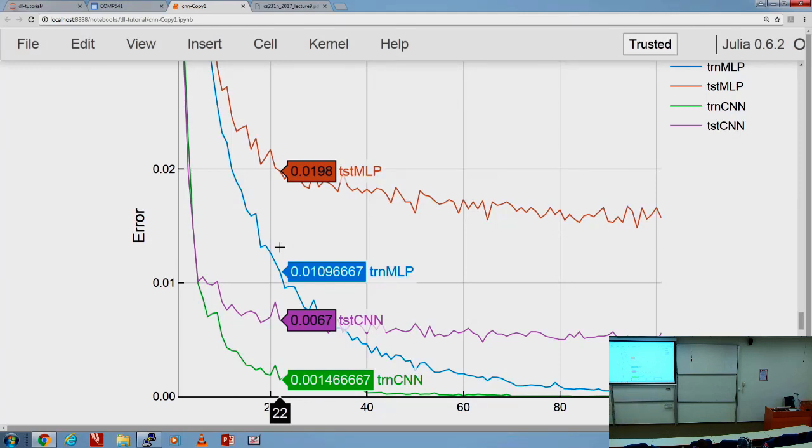We saw the back propagation going in the opposite direction of convolution, and I guess that's about it. So, any questions about all of the basics that I have introduced so far?